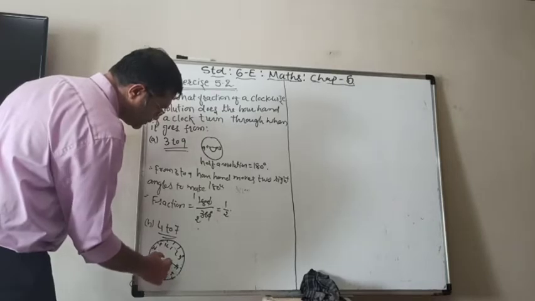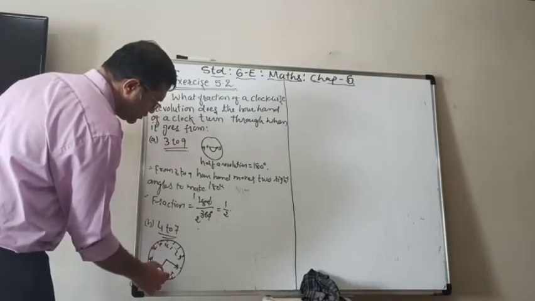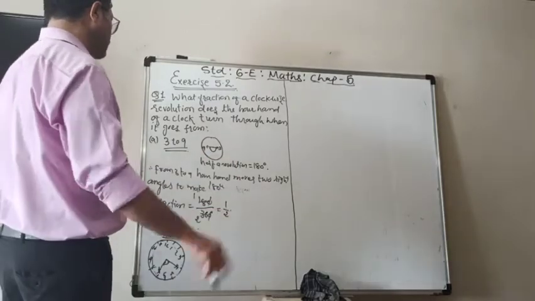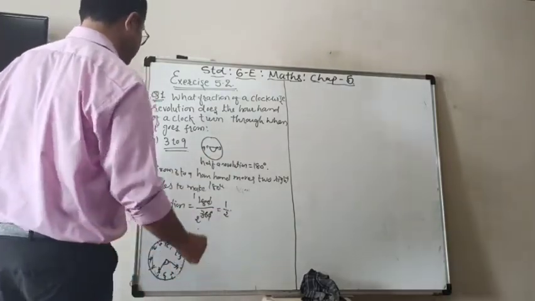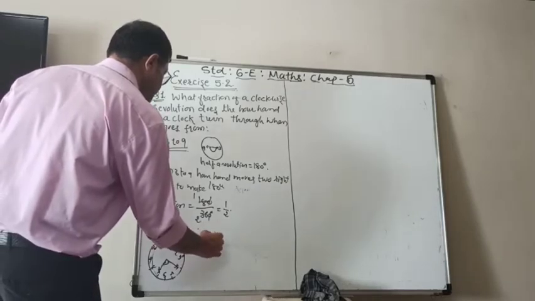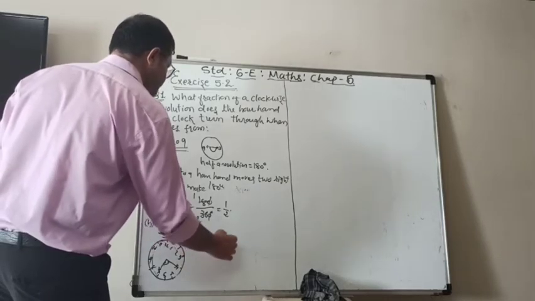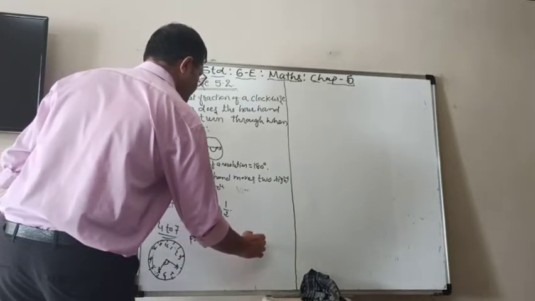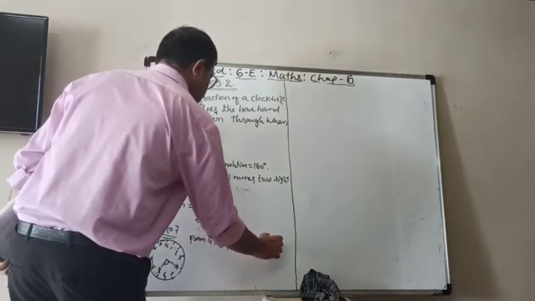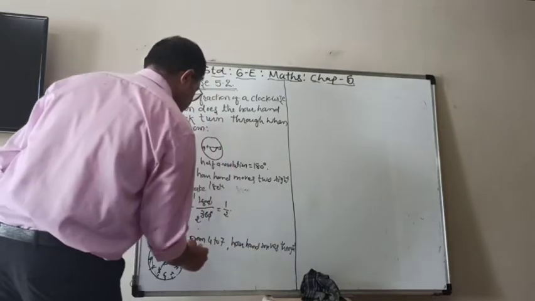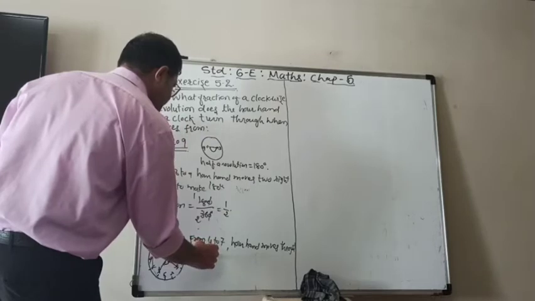From 4 to 7, you can see that it is moving 1 right angle. So from 4 to 7, our hand moves through 1 right angle.